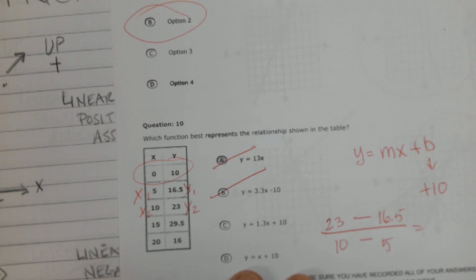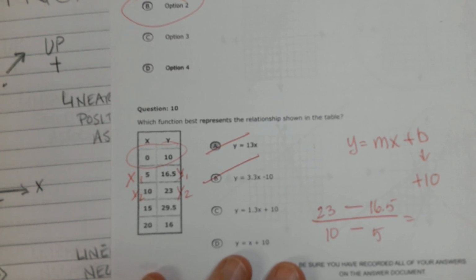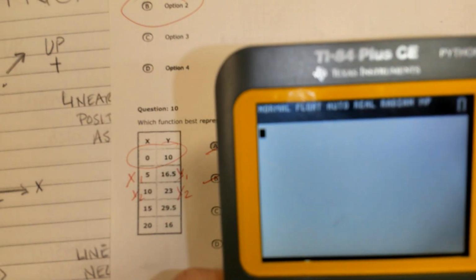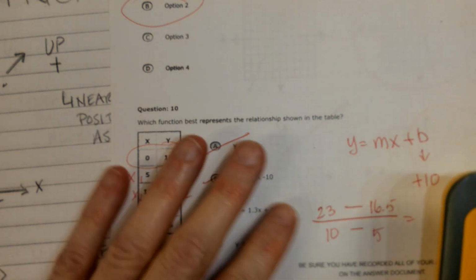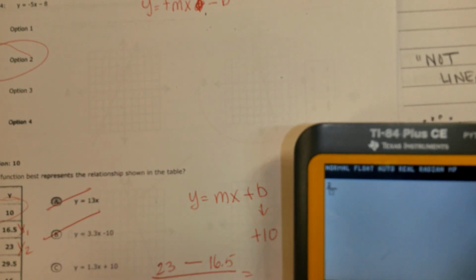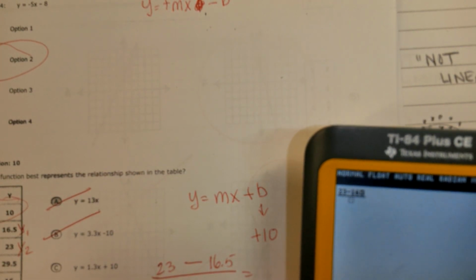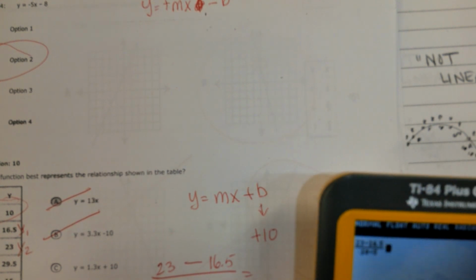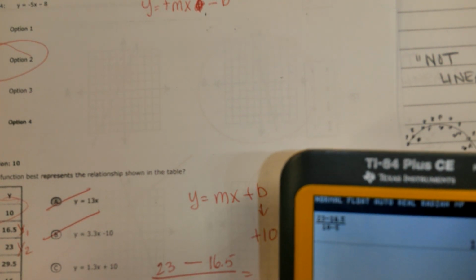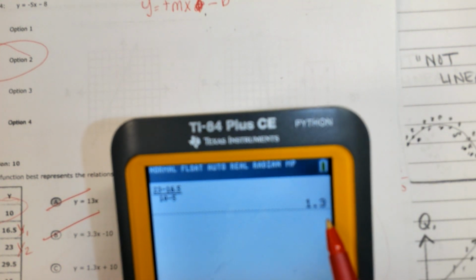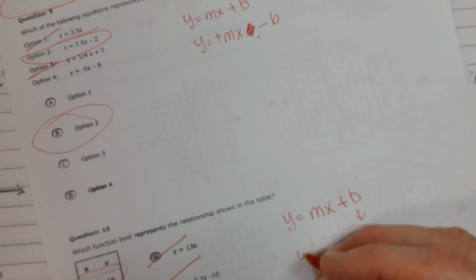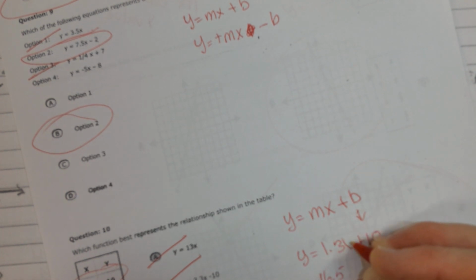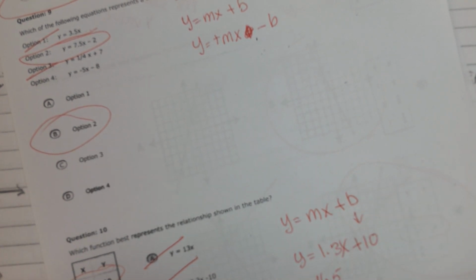Let's go ahead and put that in our calculator and figure that out. All right, here we go. Bam, there's my fraction framework. 23 minus 16.5 over 10 minus 5. Enter. Is that one of my answer choices? Yes. Y equals 1.3x plus 10.